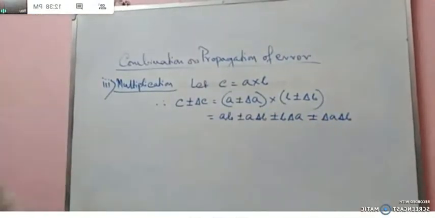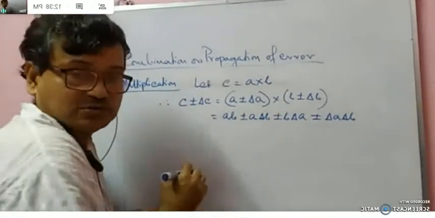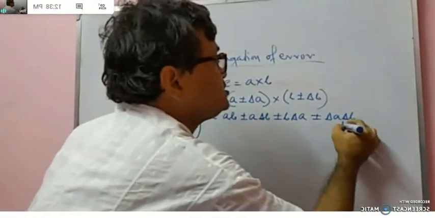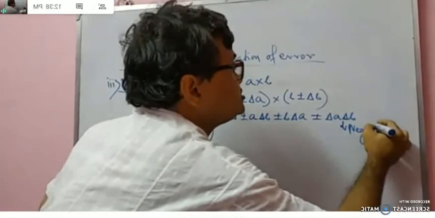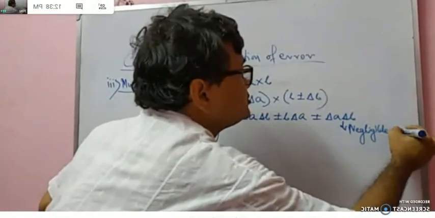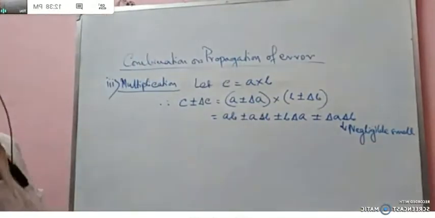But this delta A delta B is negligibly small, that is less than 1.